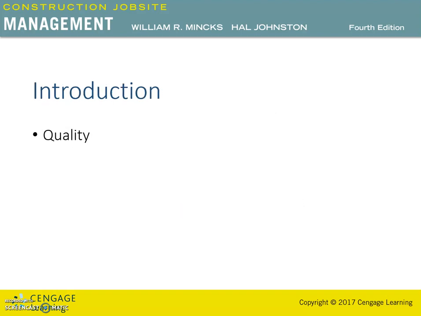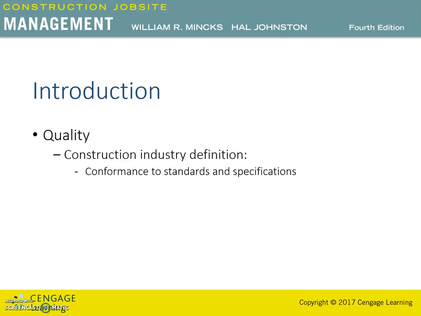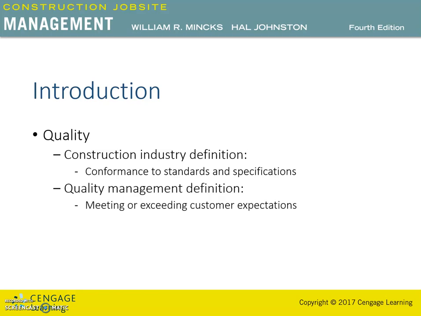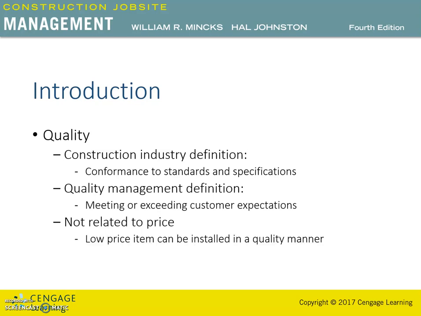As an introduction, the construction industry often defines quality as conformance to standards and specifications. In current quality management terminology, though, quality is defined as meeting or exceeding the customer's expectations. For instance, the construction documents may call for certain models of door closers on doors in the building.